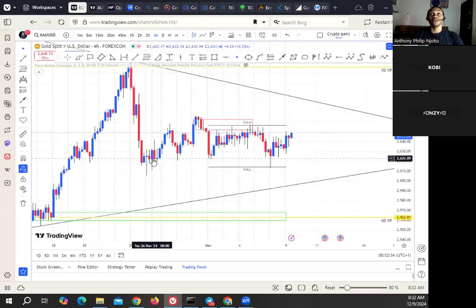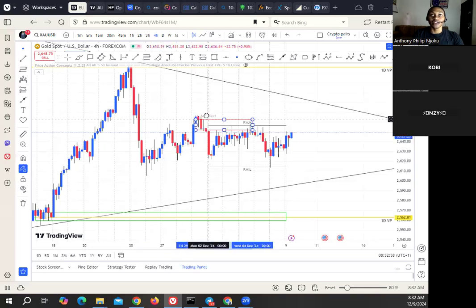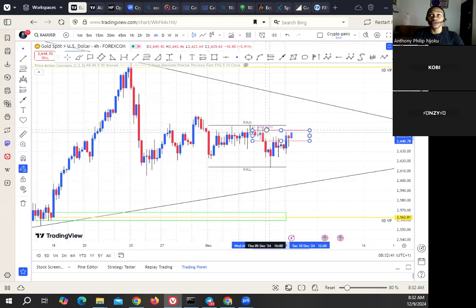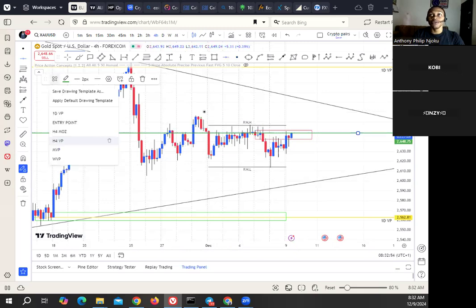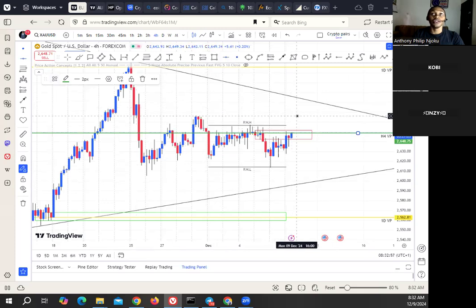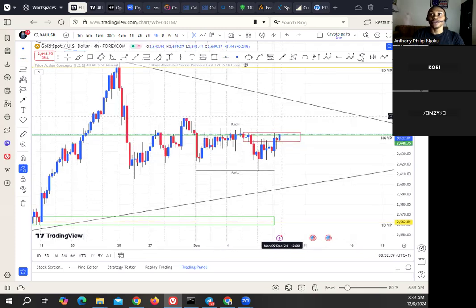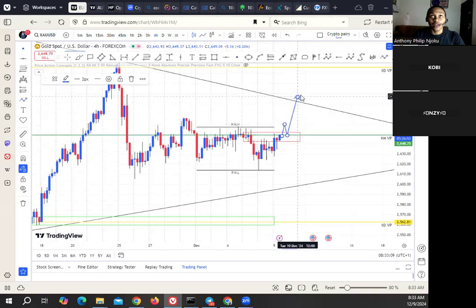So on the 4 hours time frame, this is now the new 4 hours supply zone over here, and market is literally within that zone. A break above that zone would use the re-optimization zone to continue buying to the upside. So if we see a break above this zone, we use this re-optimization to continue buying gold.